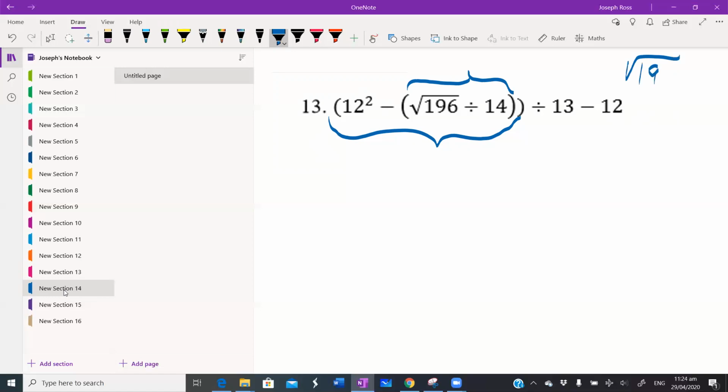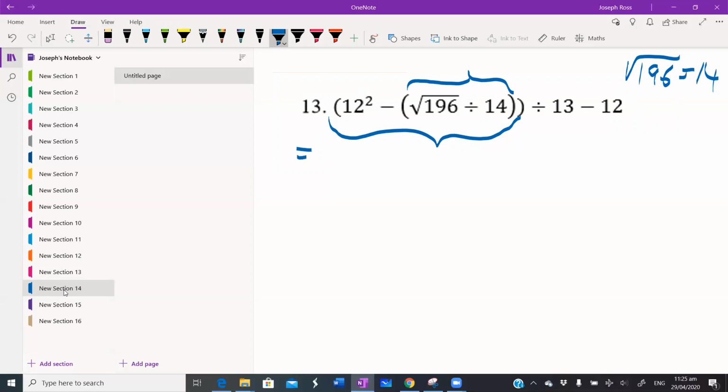When we take the square root of something, we're looking to find what number times itself gives you, in this case, 196. Now, 196 is 14 times 14, so that is equal to 14.